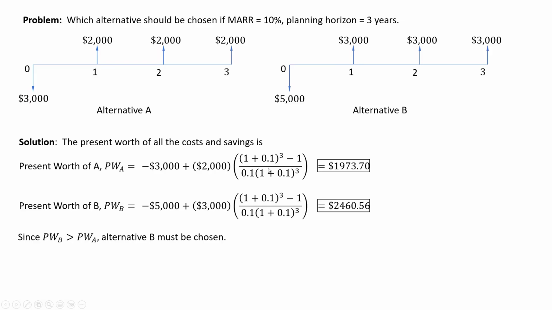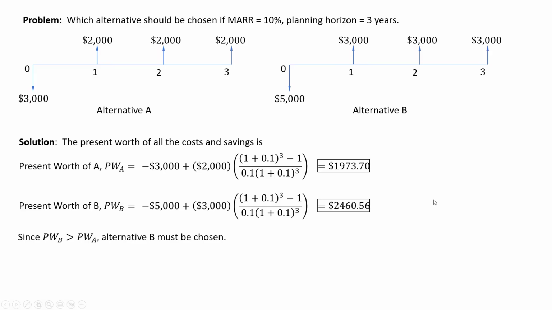Well, what about the case of zero? i is zero. What did we say? 6,000 minus 3,000 is 3,000, positive 3,000 for option A. 9,000 minus 5,000 is 4,000. So what is that? 3,000 for alternative A, 4,000 for alternative B. So notice for i equals 0, alternative A is better than B. Oh, so at least there is one case that we have found where, depending on a different i, alternative A seems to be better than B, right?